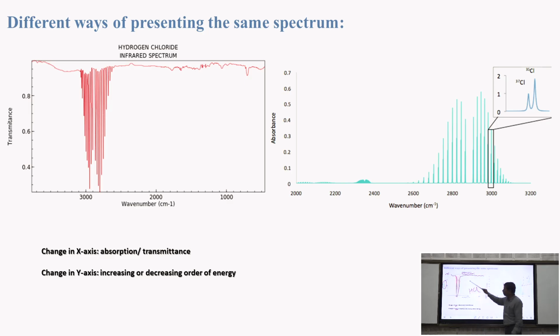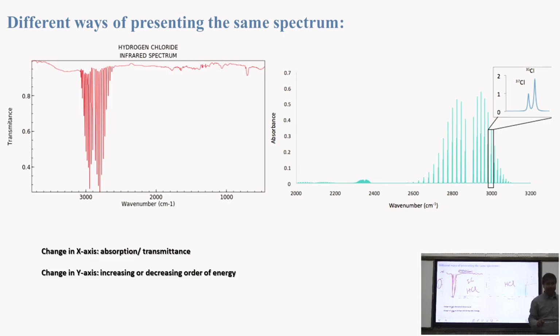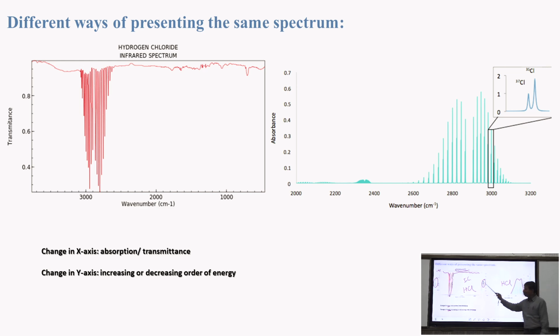Usually the IR spectrum is recorded in this way. Inorganic chemists like the IR spectrum like this, in transmission mode. But if you do it in absorbance mode, then the spectrum looks like this one. So this is in absorbance mode. And the scale here, this side, is 1000.